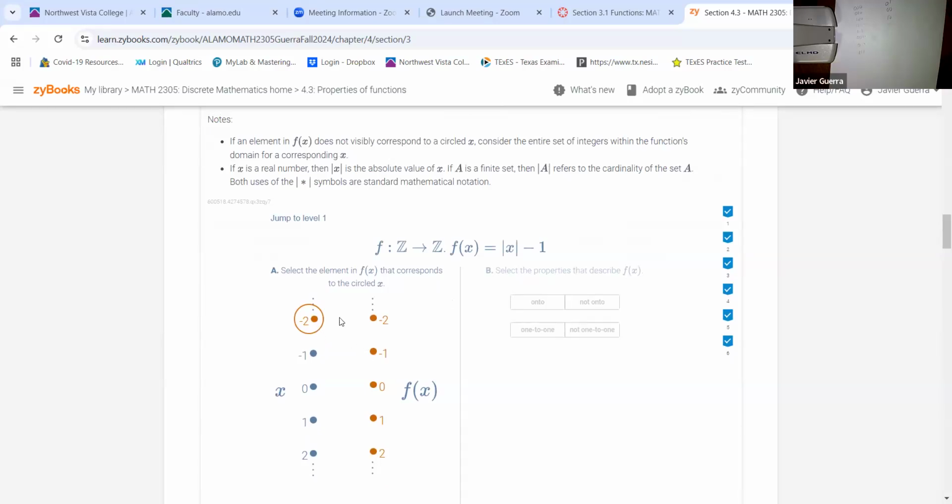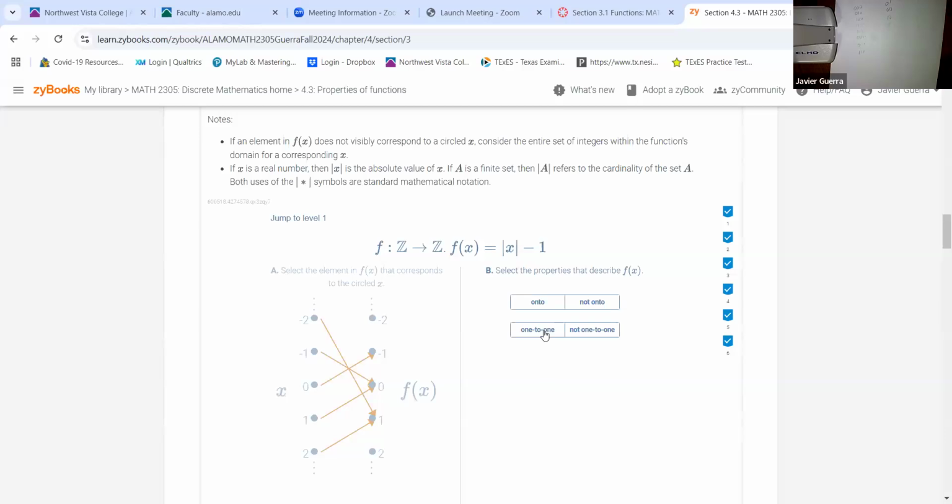I don't know how to think. All right, absolute value of -2 is 2. 2 minus 1 is 1. 1 minus 1 is 0. 0 is -1. 1 is 0. 2 is 1.